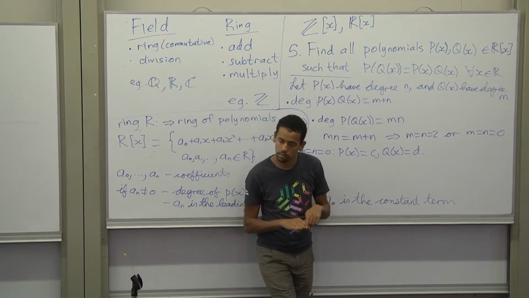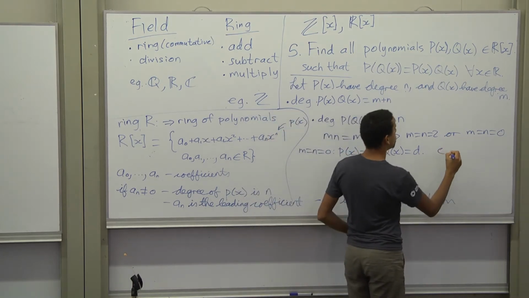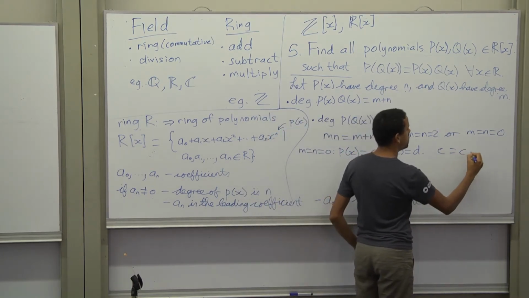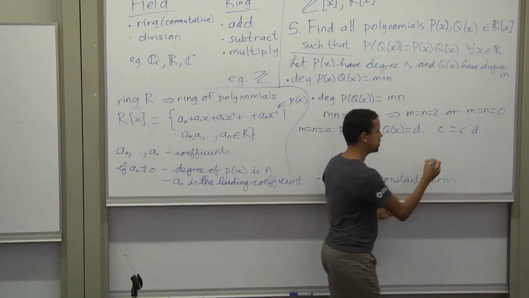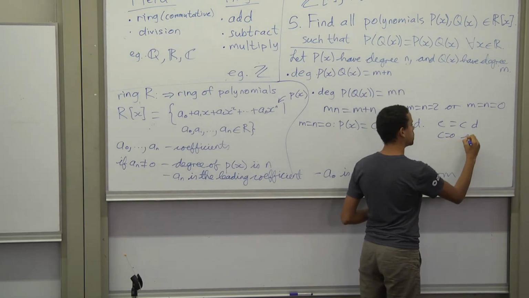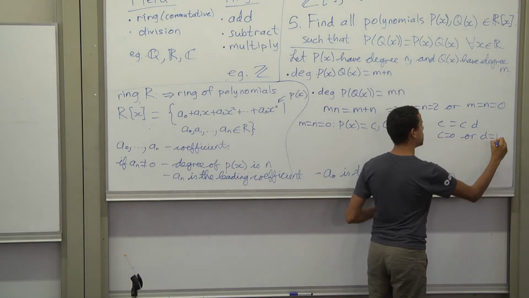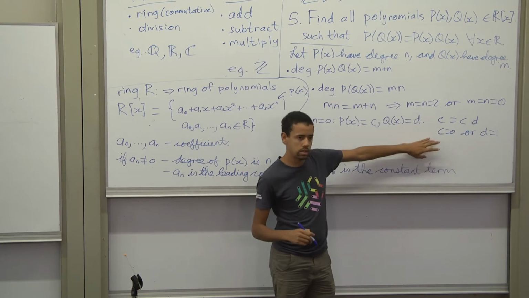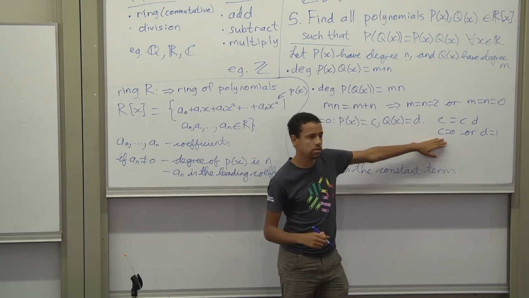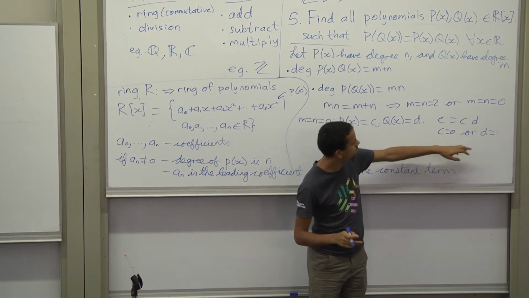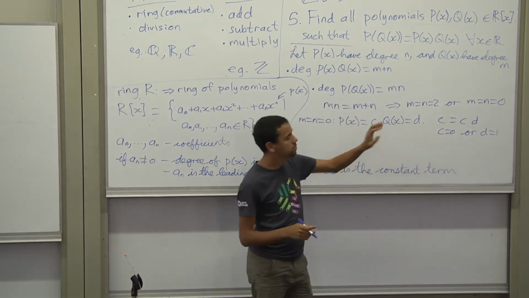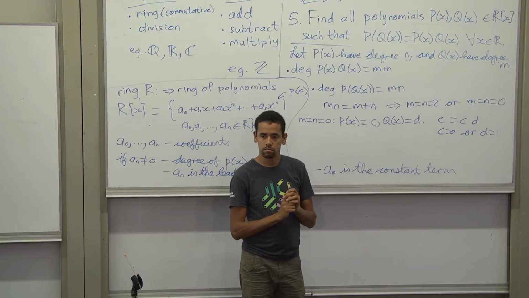Yeah, only c, and the other side you would have c times d. So either c is 0 or d is 1. And those are actually independent. You can have c equals 0 and d doing whatever it wants, or you can have d equals 1 and c does whatever it wants.